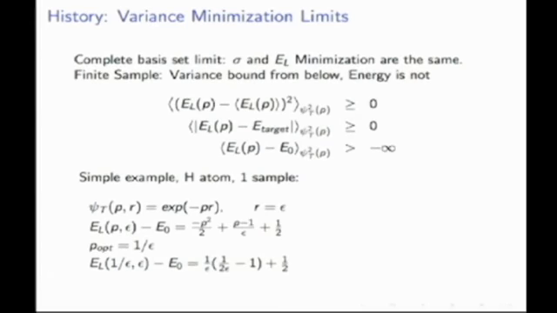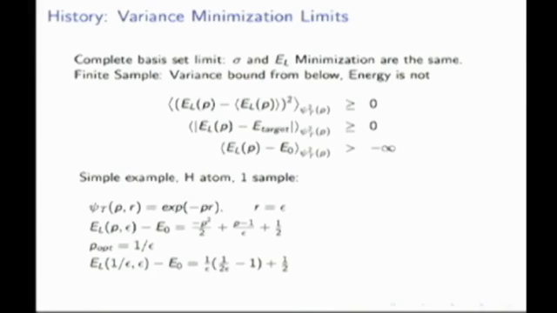But the problem with just using energy, which naively is the right thing to do, is to minimize the energy, is that it's not bounded from below on a finite sample. And here I have this very simple example of a hydrogen atom in the crazy extreme limit of a single walker.